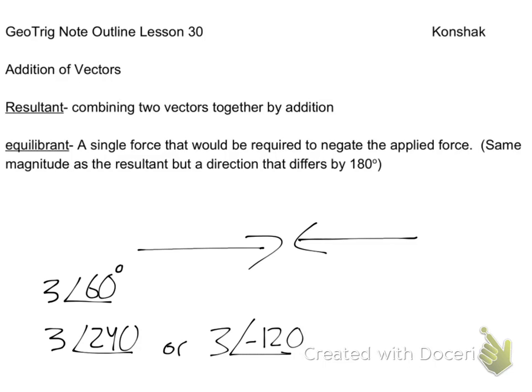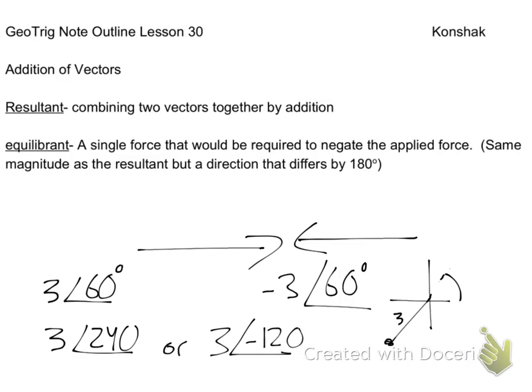Would you guys agree that if I went 60 degrees, but I went backwards 3, isn't that the same as the bottom 2? You remember how polar form works. Doesn't this mean I go 60 degrees, but then I walk backwards 3?